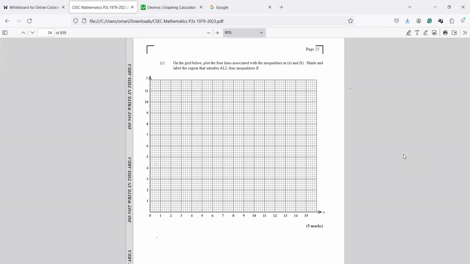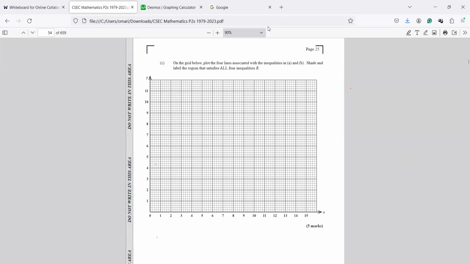So we start off with our first inequality, which is x plus y must be greater than or equal to 8.